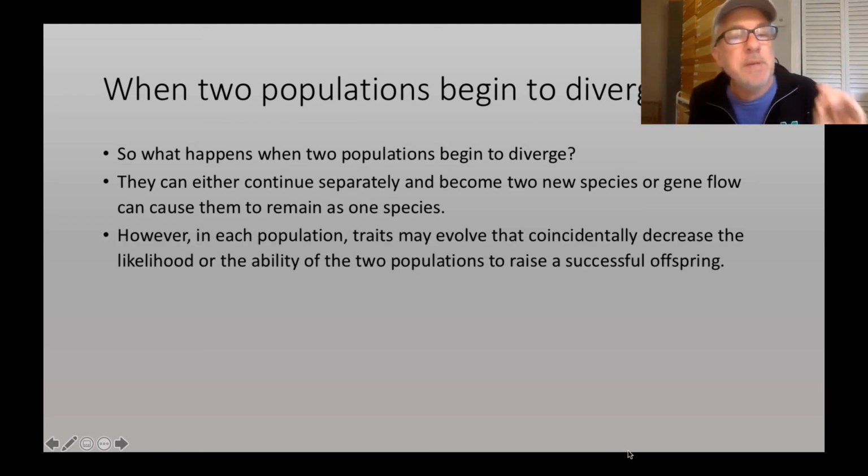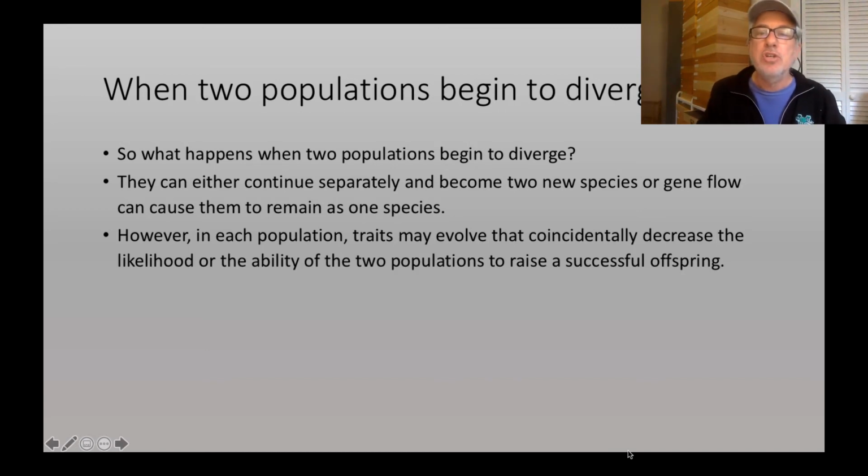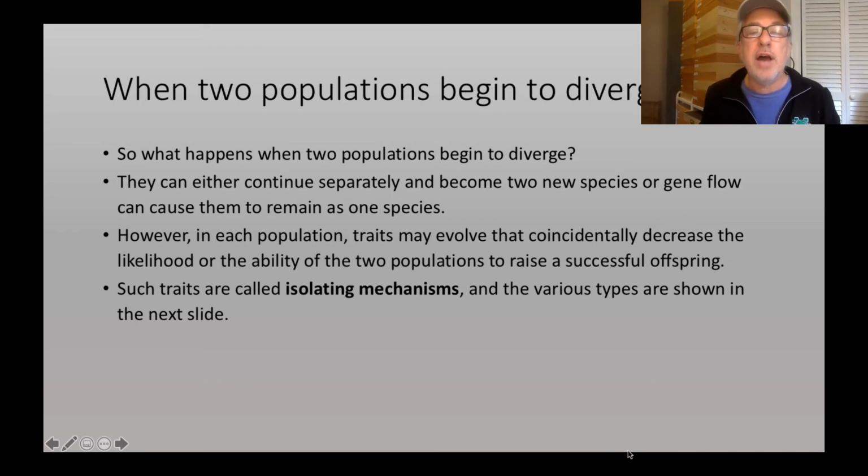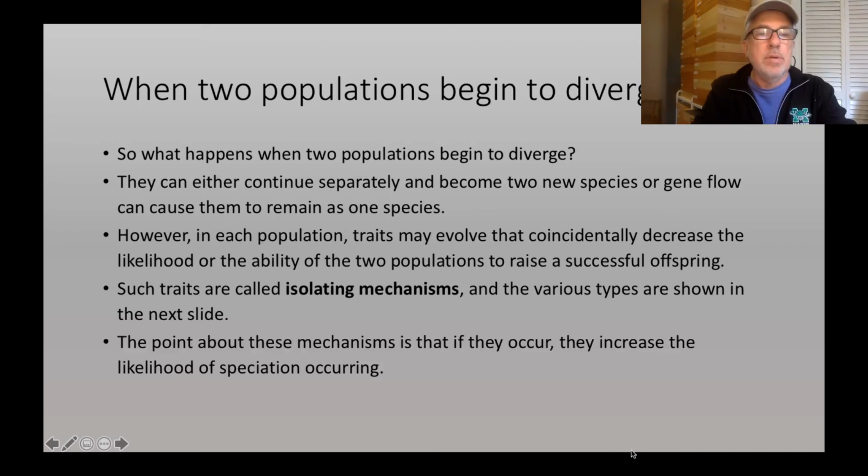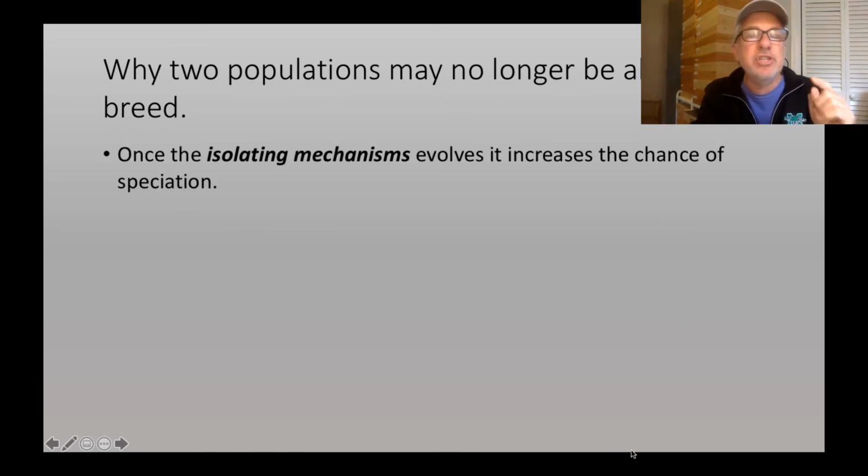Now, in each species, other traits may evolve that coincidentally decrease the likelihood or the ability of the two populations to make a successful offspring. Such traits are called isolating mechanisms. The point about these mechanisms is that if they occur, they increase the chance of speciation occurring.